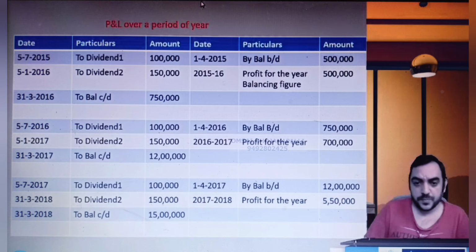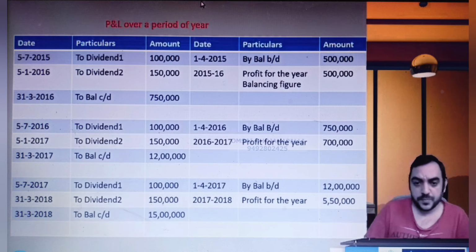I think 5 lakh you get? Fourth, fifth does not matter. That's for reference. Don't worry about the particular date, that is irrelevant here. You get 5 lakhs. So by profit for the year, balancing figure, you get 5 lakh.